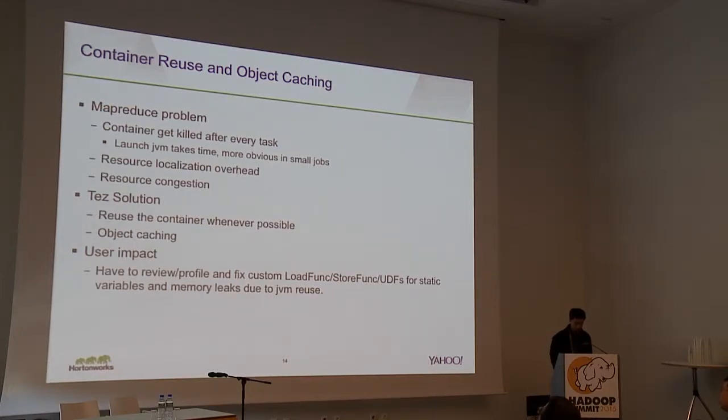One thing to note, however, is that customized Pig load func, store func, and UDF might need to be hardened. Since Tez will reuse the same JVM, static variables need to be reinitialized when the vertex starts, and some memory leaks, which are not obvious in MapReduce, may cause issues in Tez.